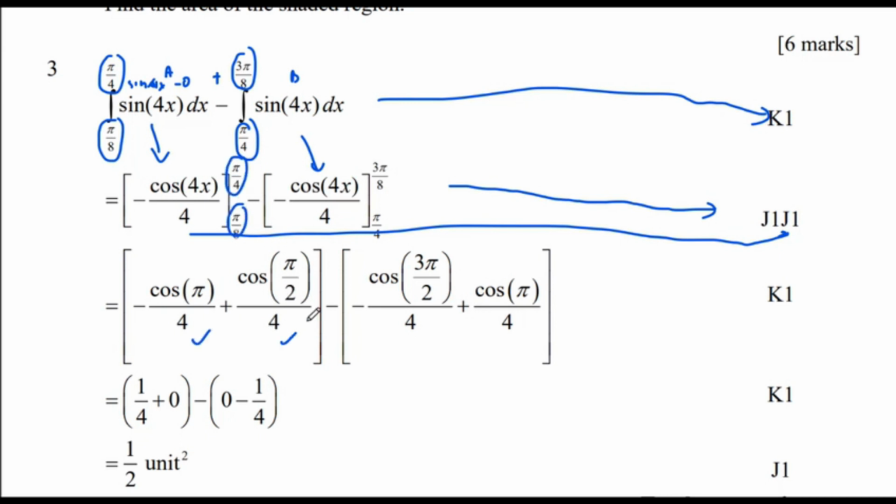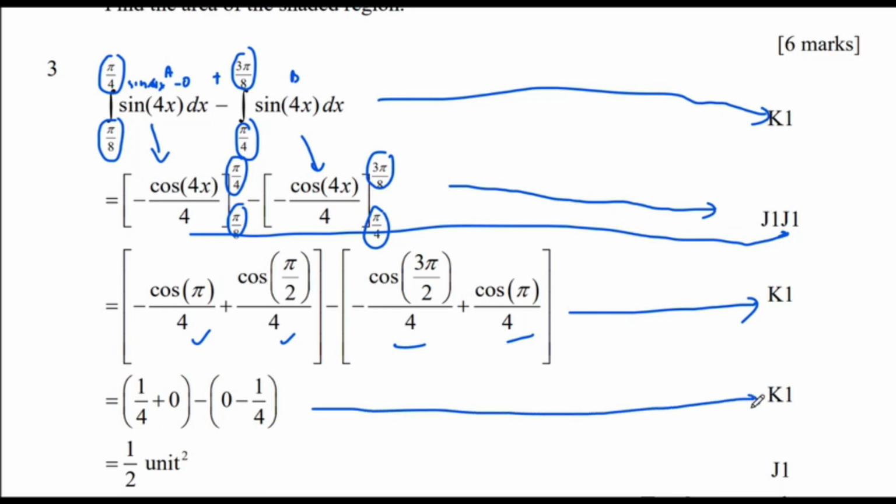So, ini bersama, limit atas dia 3 per 8 pi, dan limit di bawah adalah pi over 4. Dia tolak sebenarnya. Tapi sebab kita guna simbol negatif, so nanti dia akan jadi positif. So, ini markah K1. So, the last is kita cuba calculate. Okay, kita will get another K1. Last kali jawapannya adalah 1 per 2 unit square.